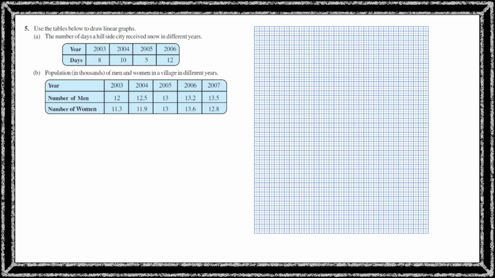If you take 1 unit as 1000, because here the population is in thousands, you'll be using only 11 to 14, which is 3 to 4 blocks.